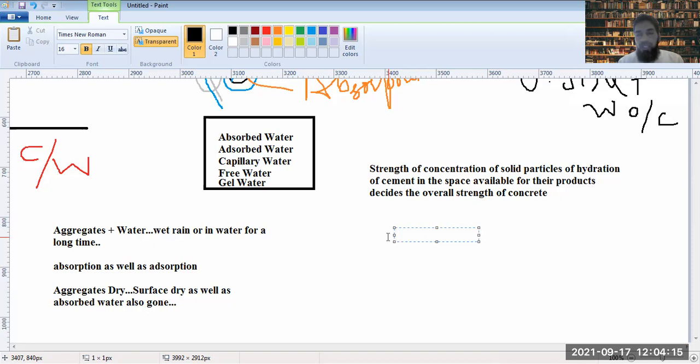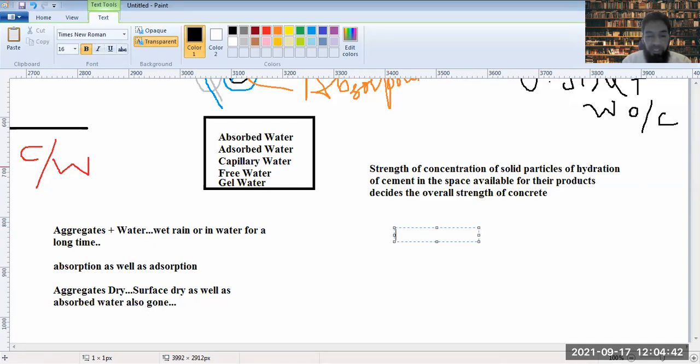So ultimately it will evaporate and it will leave voids, so it will leave spaces. If you add less water, it will not be available for hydration. So water has to be in a proper concentration. So the strength will depend on the gel to space ratio, which in turn depends on the water cement ratio. So we can classify strength also in terms of gel space ratio.